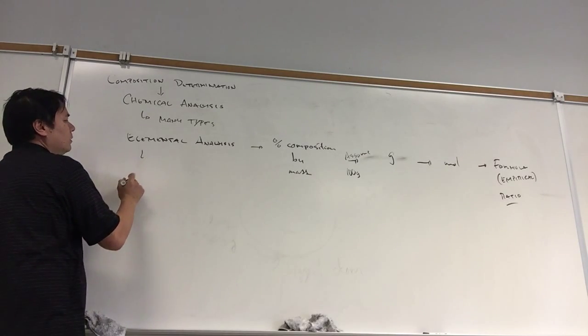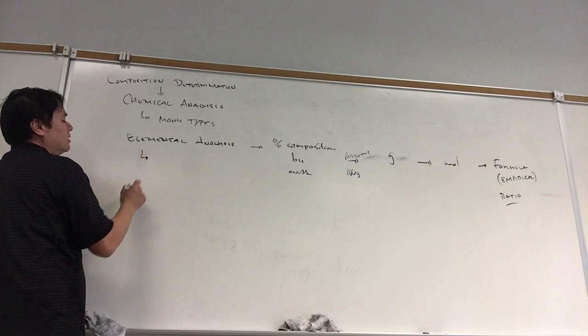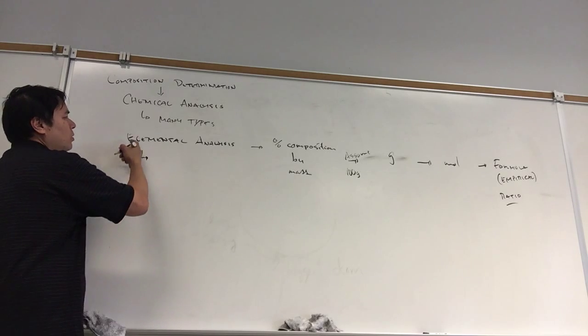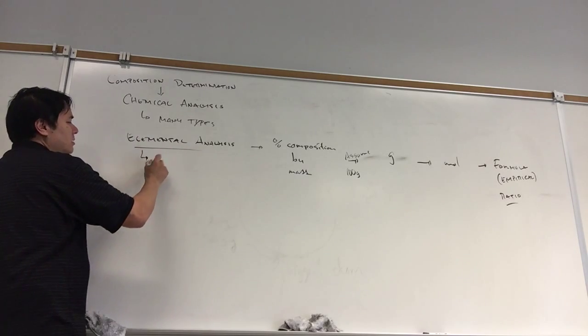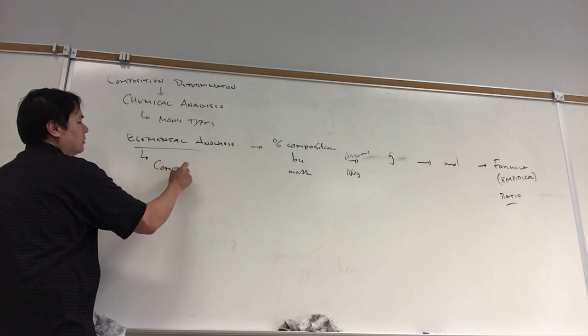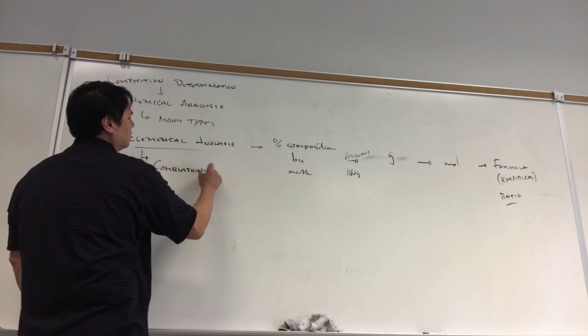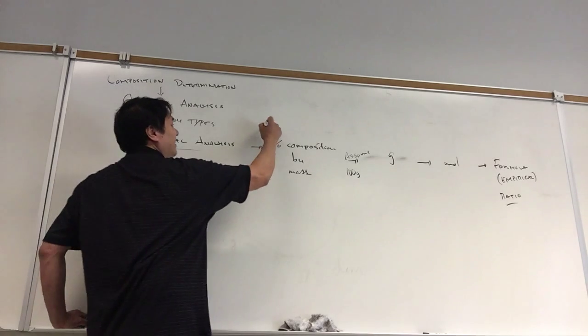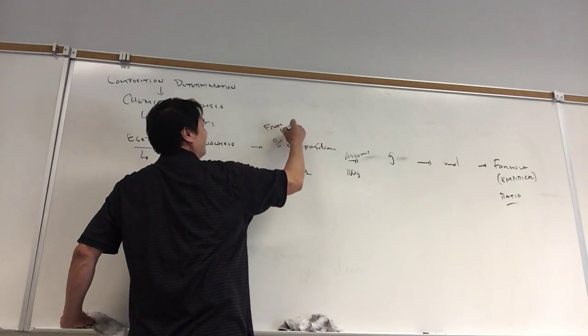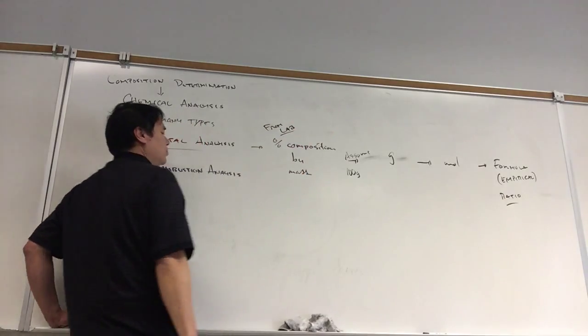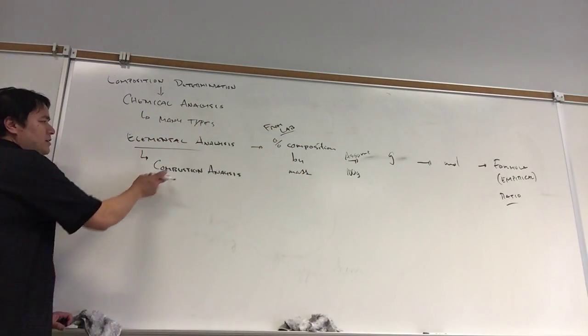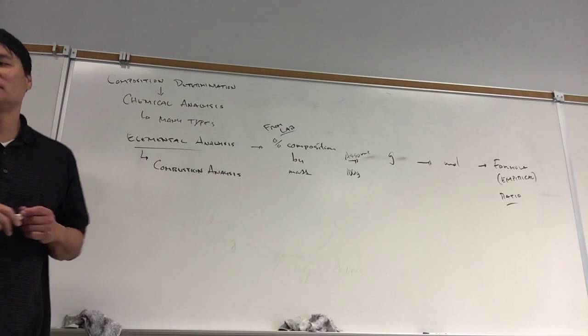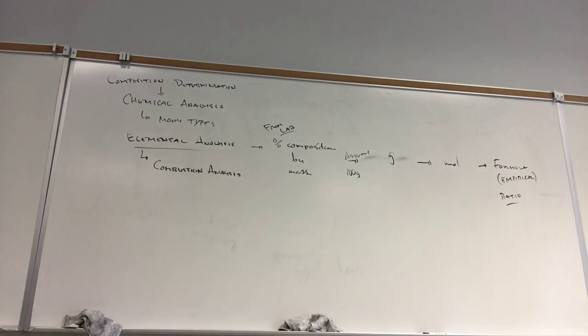And so we'll look at some specific techniques. For example, one of the elemental analysis techniques is called combustion analysis. We get this from the lab report. The advantage of combustion analysis is it's inexpensive. The equipment is easy to make.